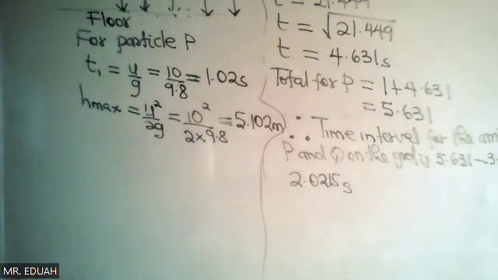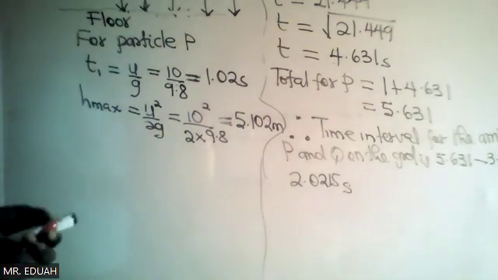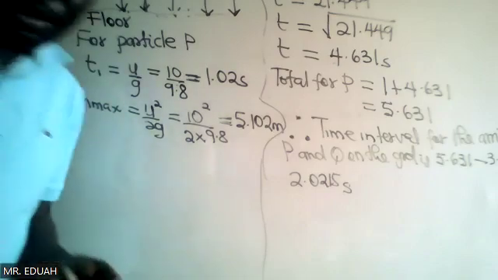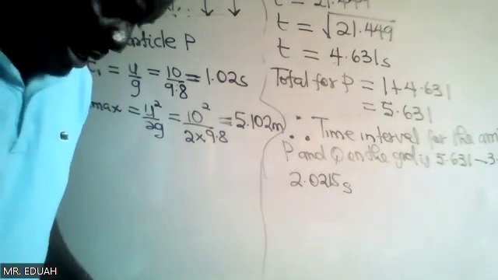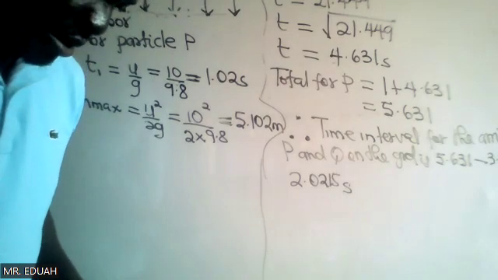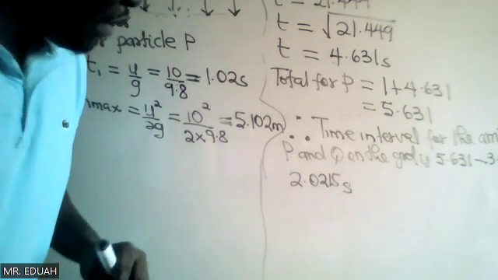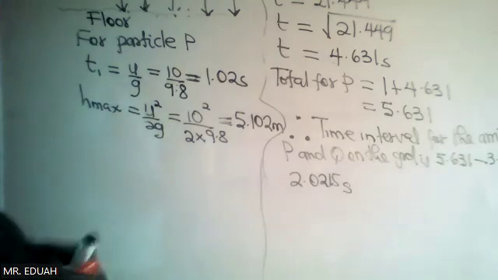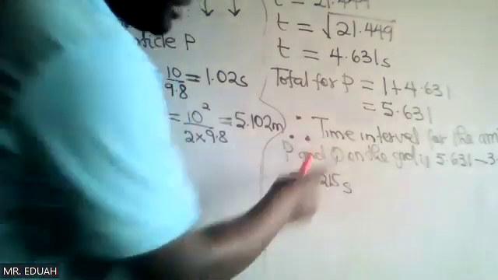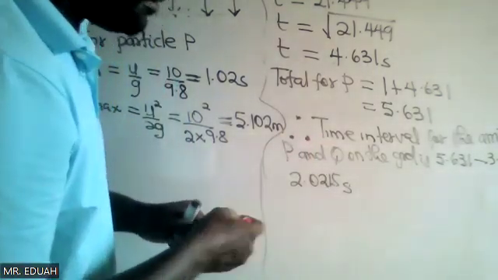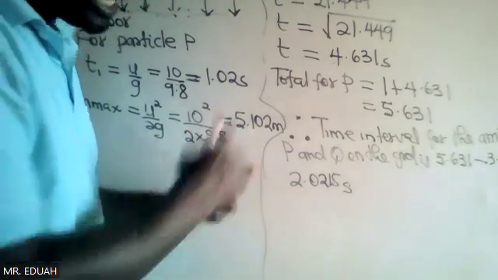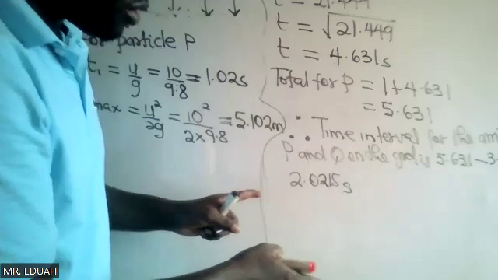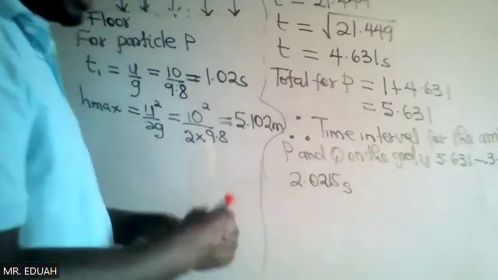It's the marker. Let me write it well here. But I'm sure you can see the 5.631. All right, so what I was writing was the conclusion that therefore the time interval for the arrival of P and Q on the ground is.